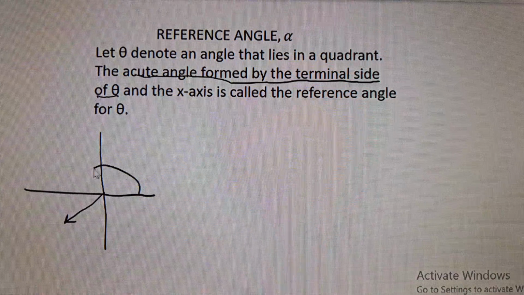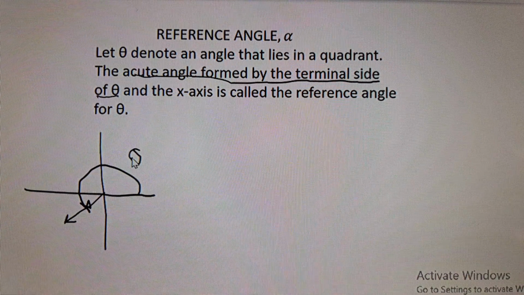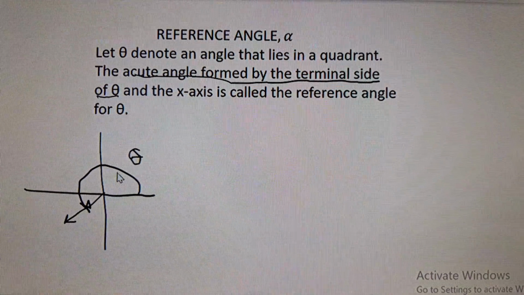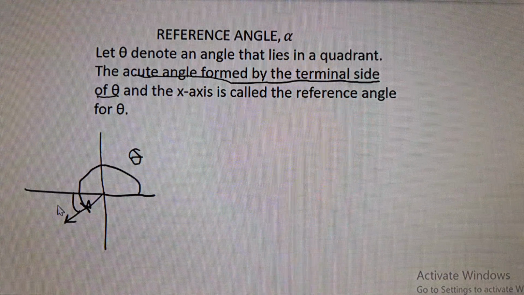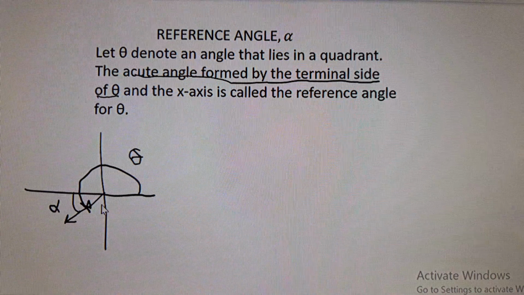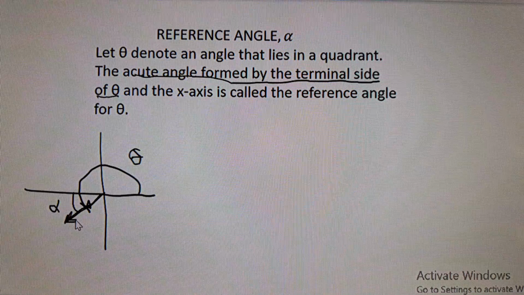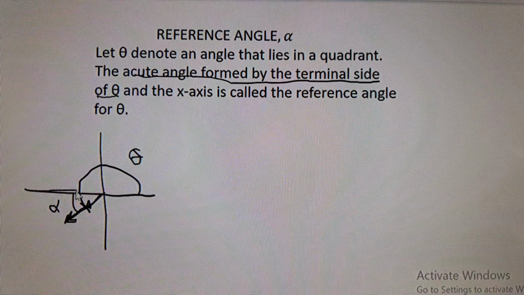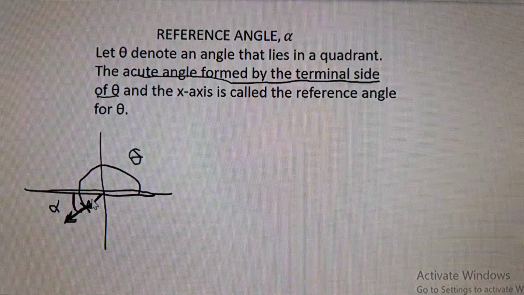So this would be the angle theta right here. Well, what would be the reference angle? The reference angle is this angle right here. It's the angle that it makes with the terminal side of the angle theta and the x-axis. So that would be the reference angle.